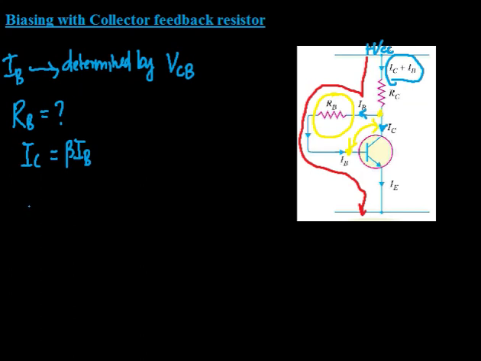So let's write the equation. Starting from the point, we have VCC minus (IC plus IB) into RC, which is the voltage drop across RC, then minus IB into RB, which is the voltage drop across RB, minus VBE, the voltage drop across the base emitter junction, is equal to 0.